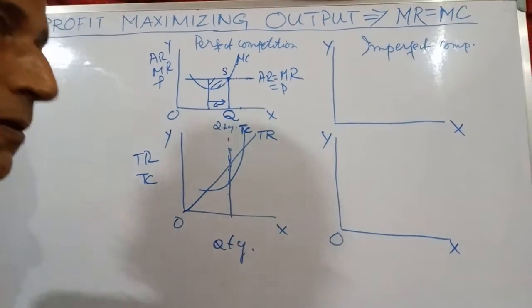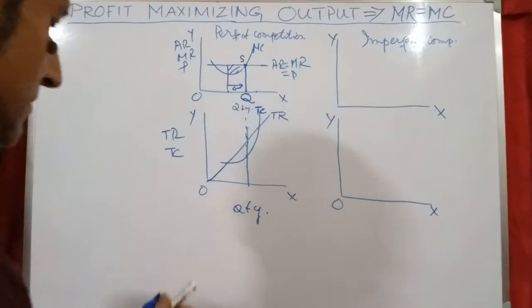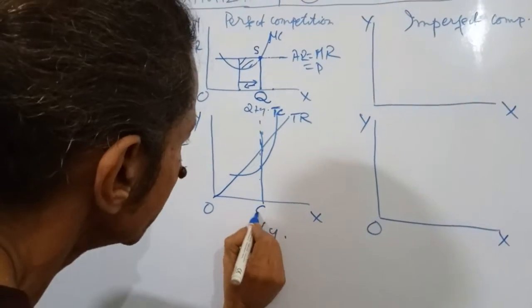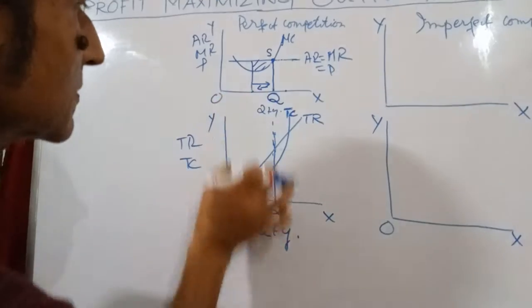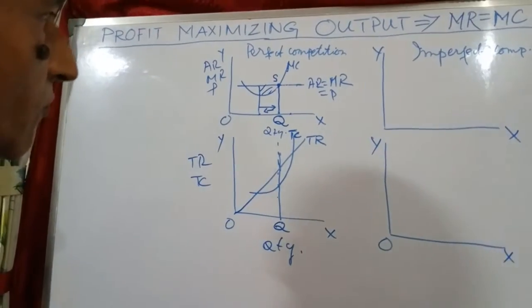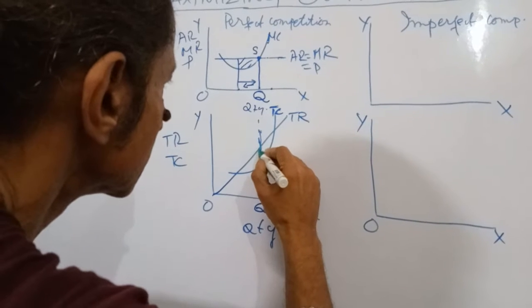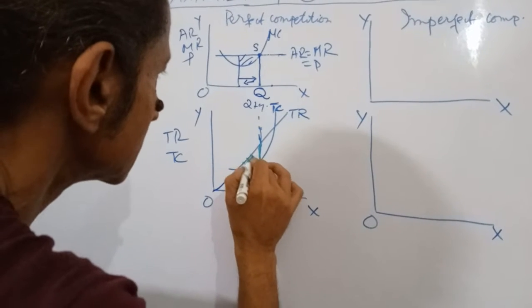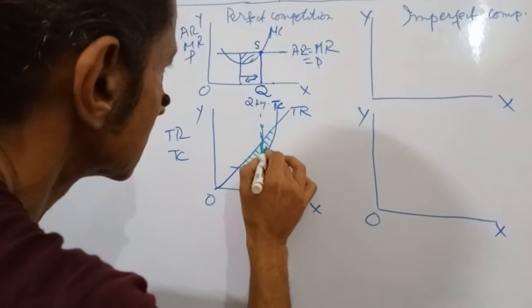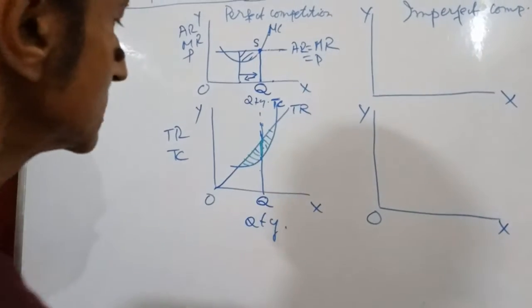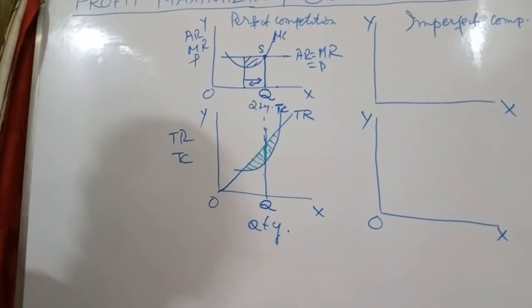This is the maximum profit the firm is earning. This is point Q, OQ, and this is the maximum profit the firm is earning. This whole is the profit region, and this is the maximum profit. So OQ is the profit maximizing output.